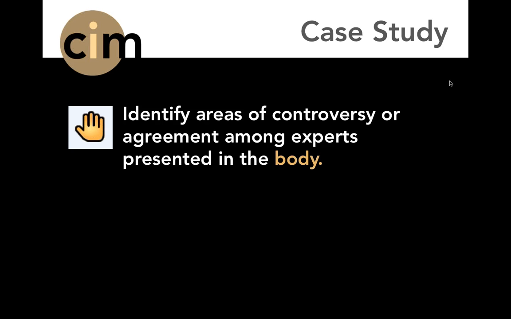Do you think, just generally though, did those studies seem to be controversial? Did the studies fundamentally disagree with one another, or were they all saying the same thing, or in general agreement?